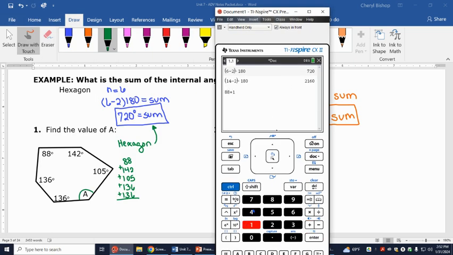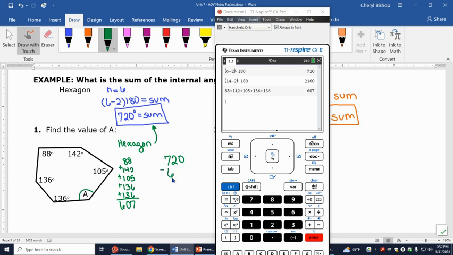88 plus 142 plus 105 plus 136 plus 136. That's going to give me 607 degrees that I've already used for all 5 of these angles, and then I have this 6th angle left. And I know together all 6 of them are supposed to add to 720 degrees.